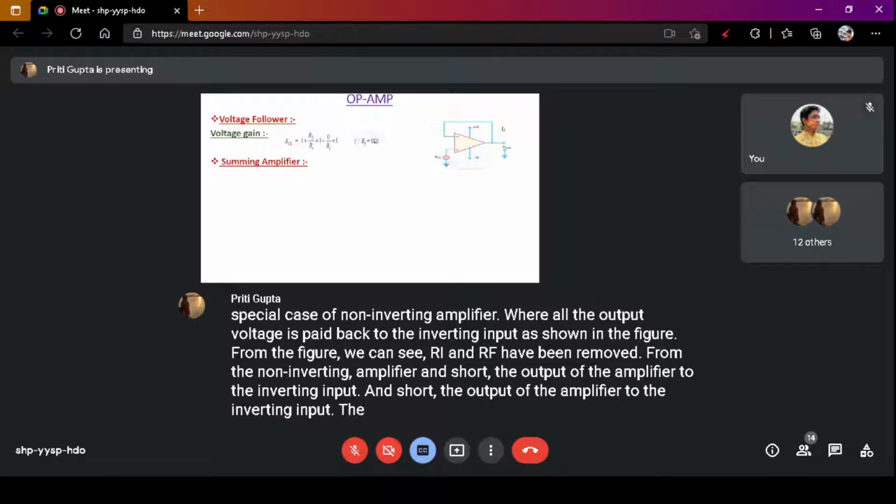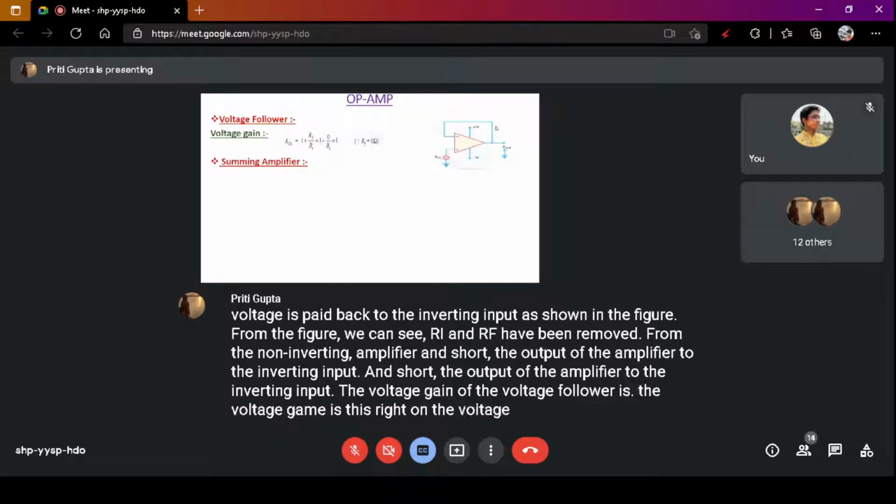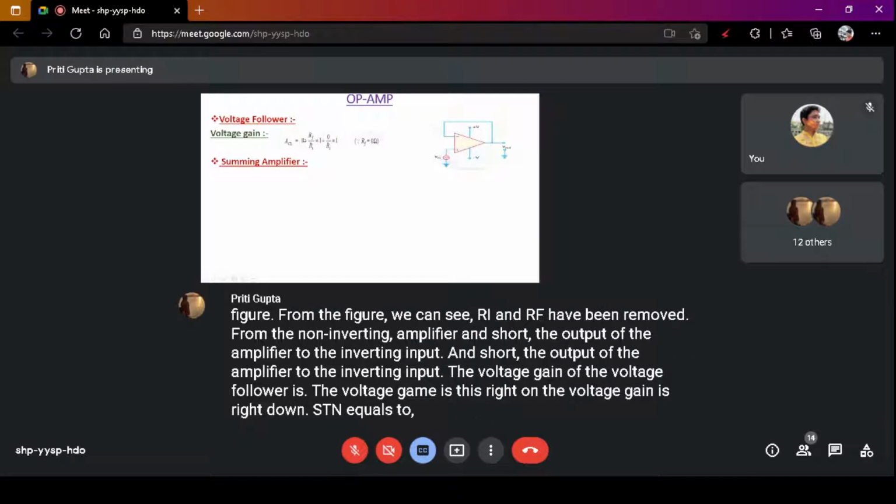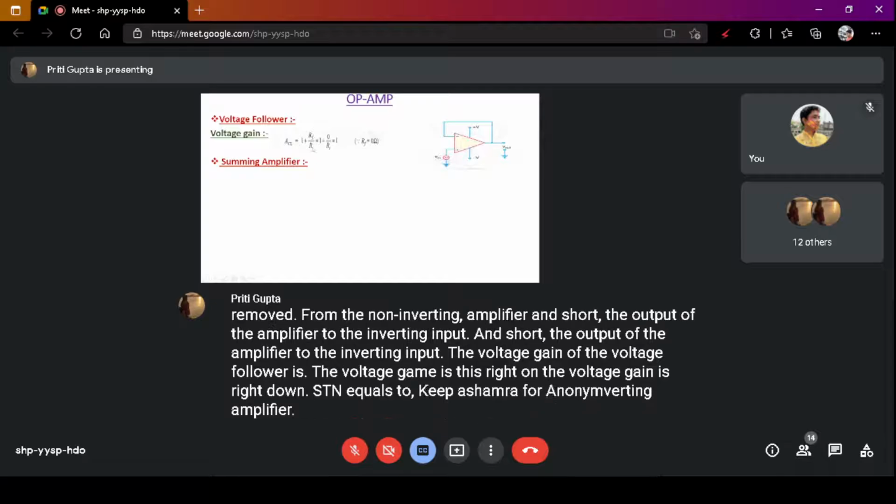The voltage gain of the voltage follower, write down this one: ACL equals 1 plus Rf by Ri for a non-inverting amplifier. Instead of Rf and Ri substitute 0 and you will get 1.